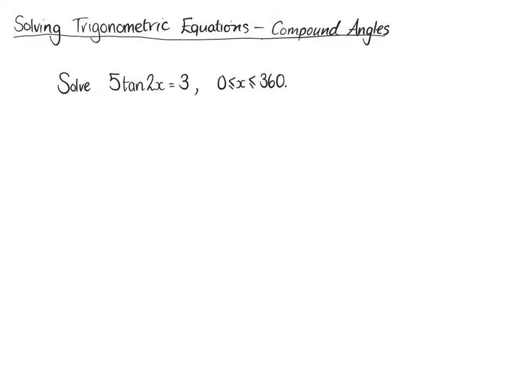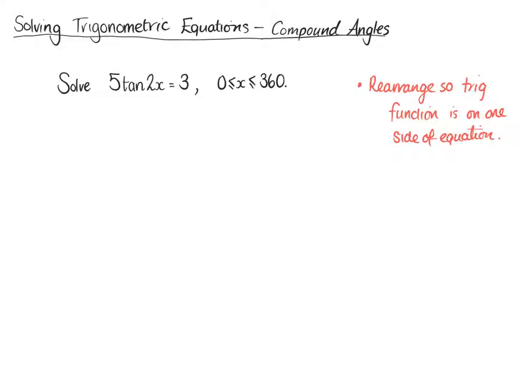Right, so our steps for solving this are pretty much the same, so we're going to rearrange so that the tan, or the trig function, is alone on one side of the equation. In this case, that means we've got 5 tan of 2x equals 3.